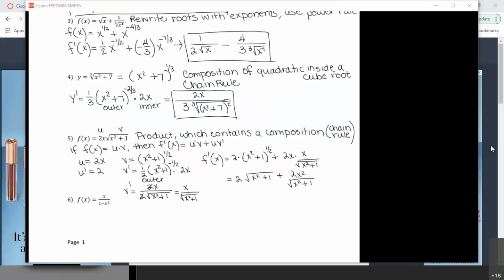And again, I wouldn't go nuts. In the worksheet that I gave you, what they did next was they rationalized the denominators. Just stop right here. You can stop here.